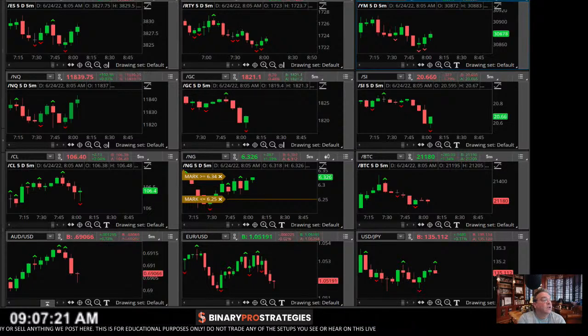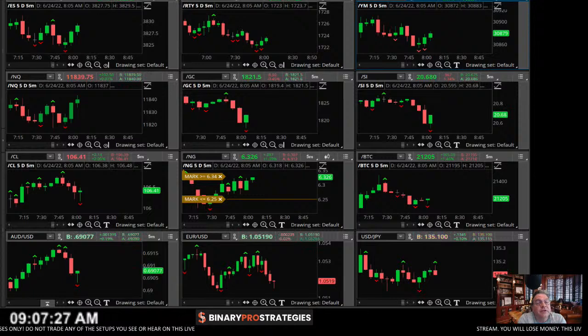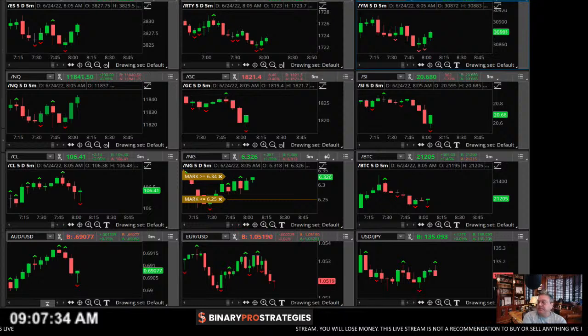We have natural gas slowly creeping up to target. Nothing on the indices this morning, nothing on gold, nothing on silver, nothing yet on crude or Bitcoin. Potential buy coming up on the US yen.